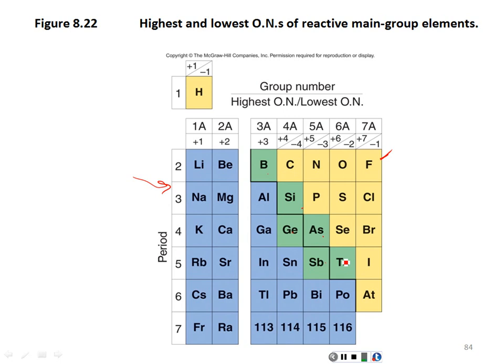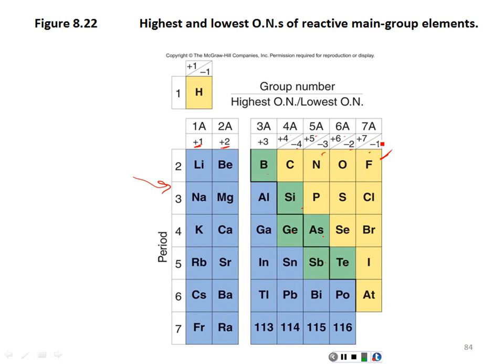What's also nice about this chart is it shows you oxidation number. So in group 1A, you can have a +1 oxidation number. That means these tend to lose 1 electron. In group 2A, you lose 2 electrons, and so forth. But you see that the metalloids can lose a bunch of electrons, or they can gain some.